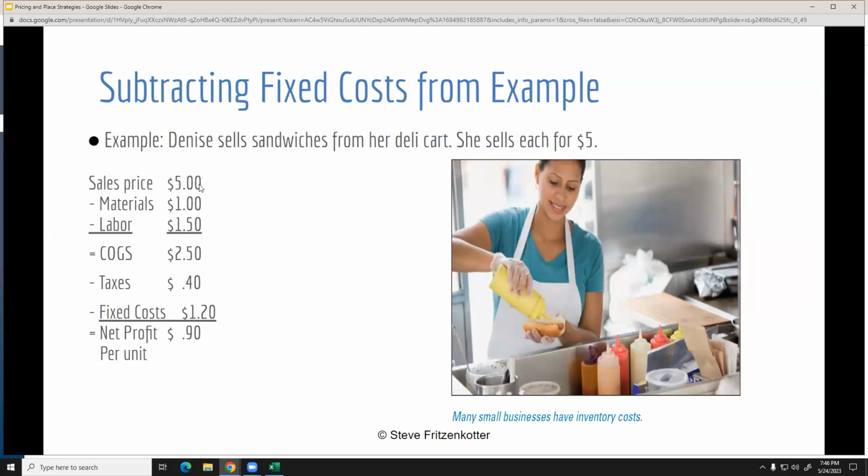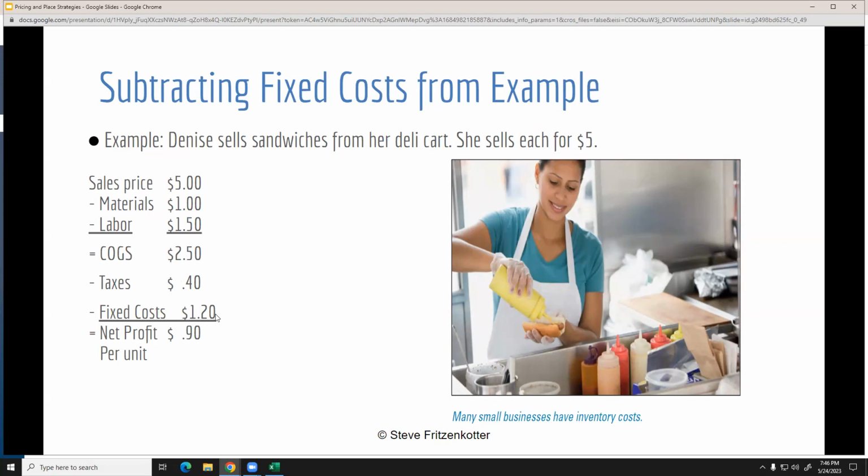So now, you had the cost of goods sold here, right? We just did this exercise. Then we add taxes to that. She has to pay tax, and that's 40 cents. But then she has to apply the fixed costs: the cost of the food truck, the electricity, the rent, whatever other things she has to pay for that space.